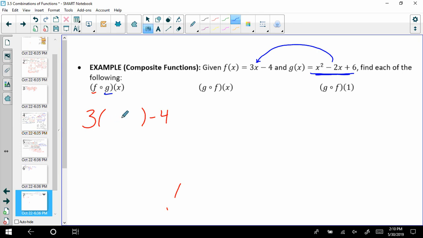But instead of x, I'm going to replace the x with the g equation. So I literally substituted g into f. And now I would just like this simplified. So let's distribute. So 3x squared minus 6x plus 18 minus 4, and combine like terms.